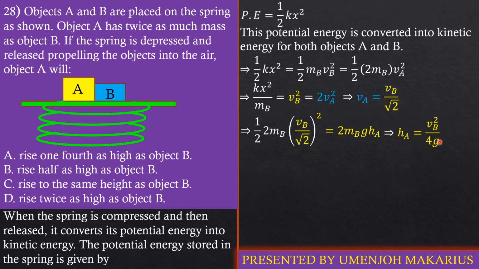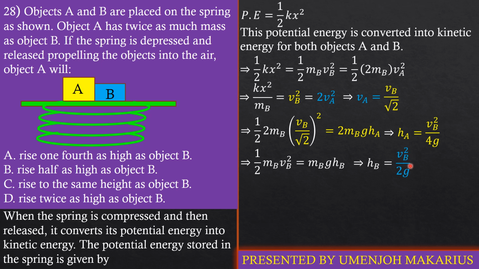Similarly, for the kinetic energy of B, we have 1/2 mB vB squared, which has to be equal to the potential energy when it attains its own height. So 1/2 mB vB squared equals mB g hB. If we make hB the subject, hB is the same as vB squared over 2g.